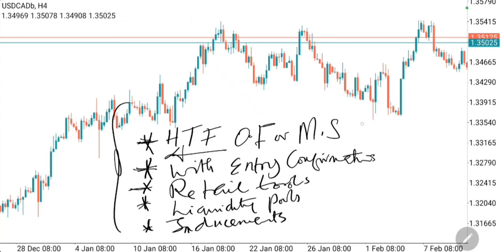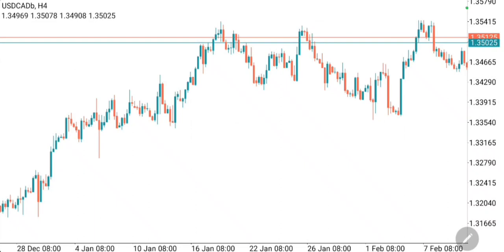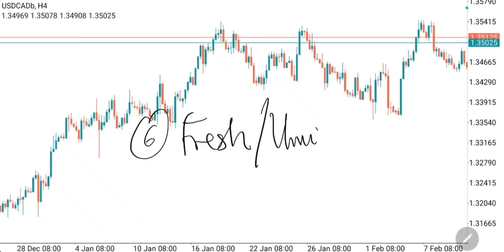So these are the reasons I've given in the previous videos. Today we are looking at 2 more reasons, and that will wrap up this series. The first reason, number 6 out of all we've been talking about, is that you're not trading fresh, unmitigated zones.